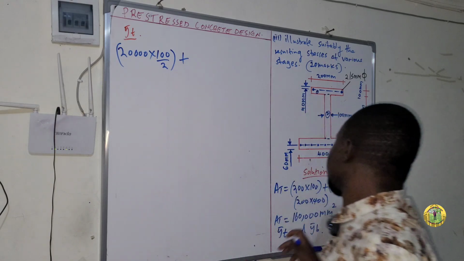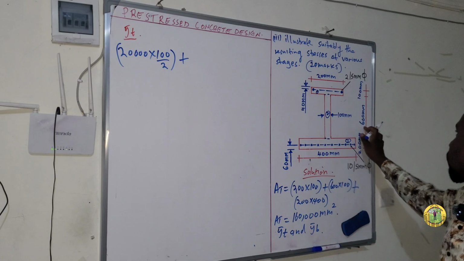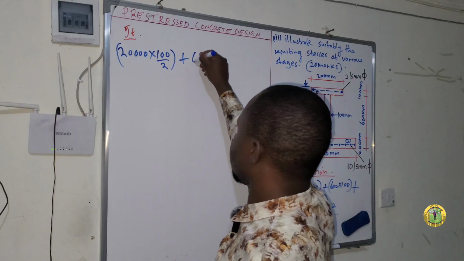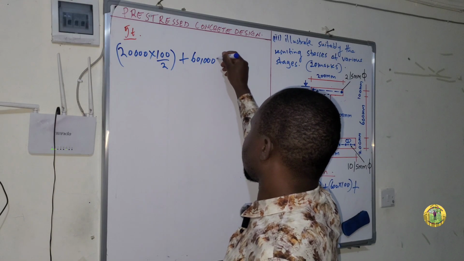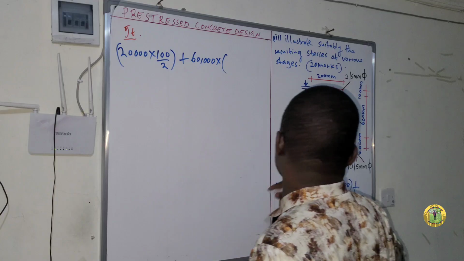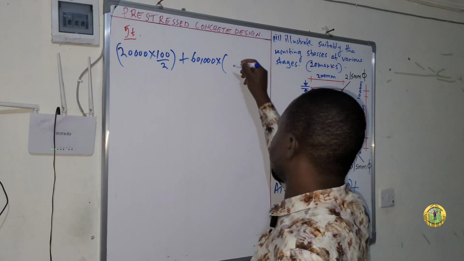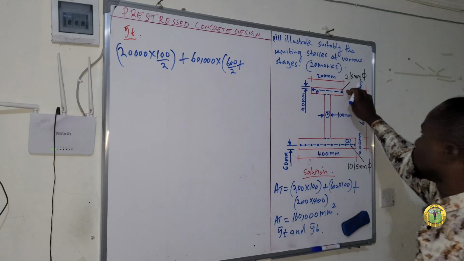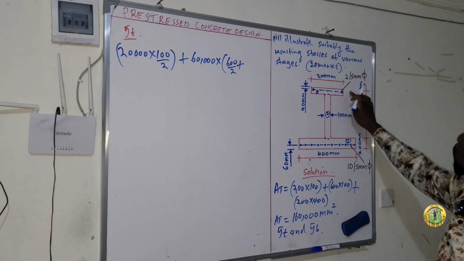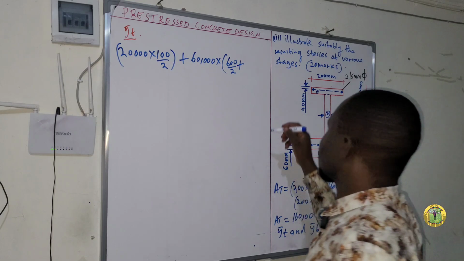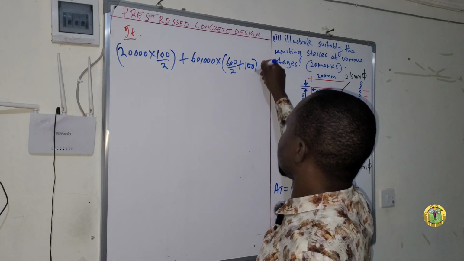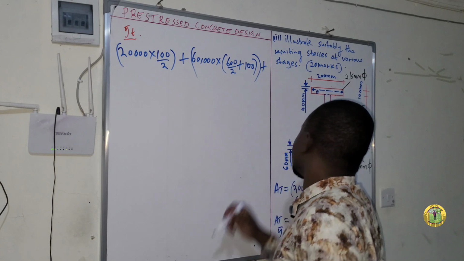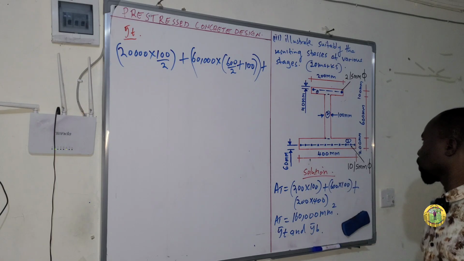Plus, we come to this number 2. Number 2 is 600 times 100, which is 60,000, times a half of 600, so 600 over 2, then plus, because we started from the top, we will add 100. And then plus, we come to the last figure.